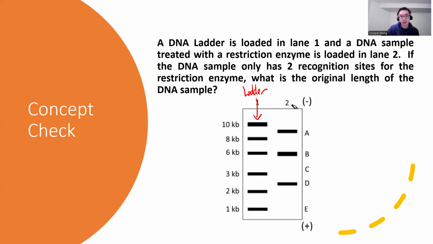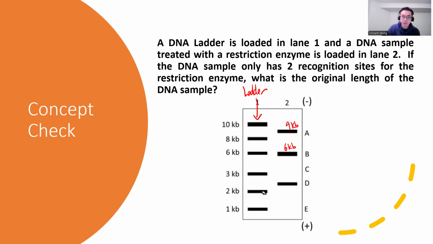Over here, this is a DNA sample with two recognition sites, and we try to figure out the original length. This one is between 8 and 10, which means this is 9 kilobases. And this one is 6 kilobases. The thickness doesn't really matter, okay? This is just the location that we're interested in.